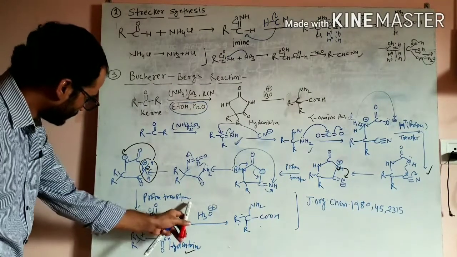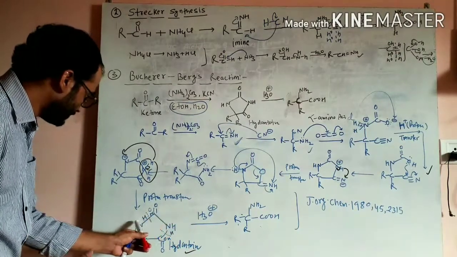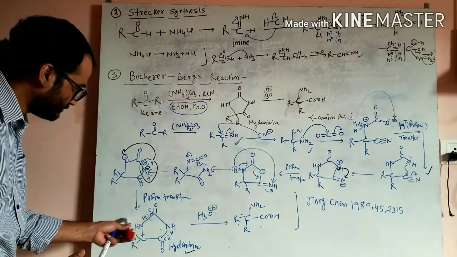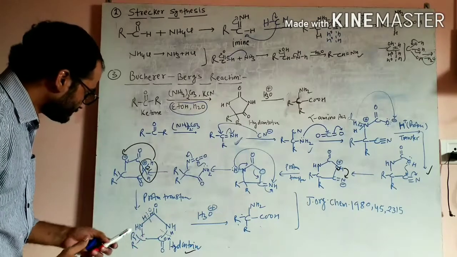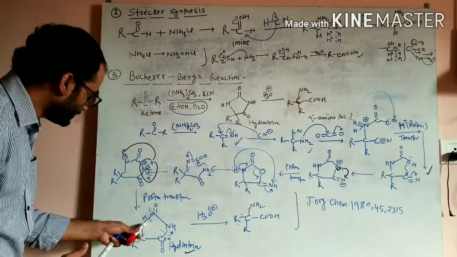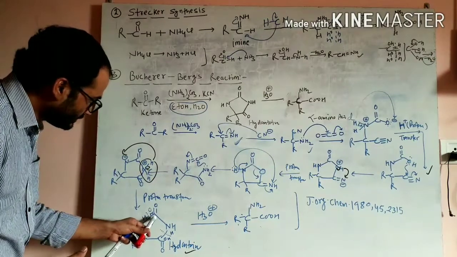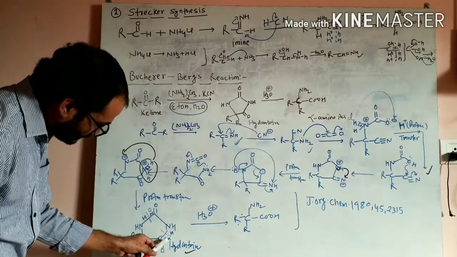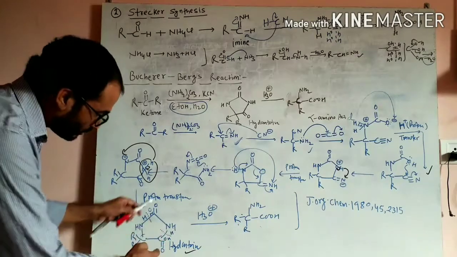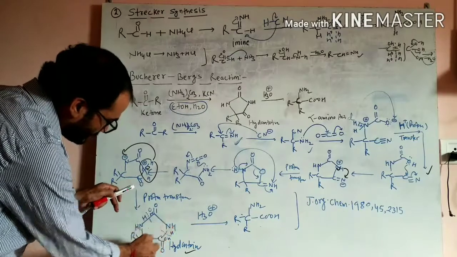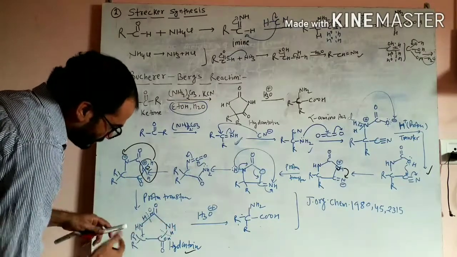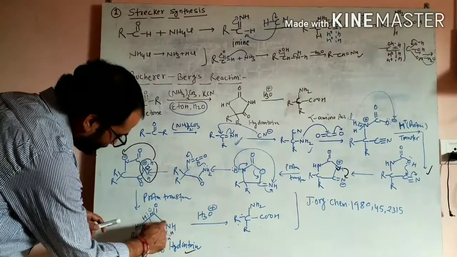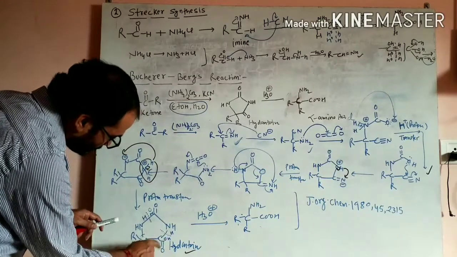OH will go towards carbon, and H will go towards the nitrogen atom. So this is converted into NH2, and this is converted to COH, and again this carbon, and this NH bond, C double bond, undergoes hydrolysis. So H will go towards nitrogen, and OH will go towards this carbon.